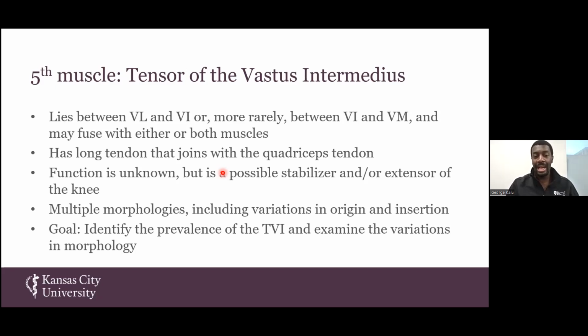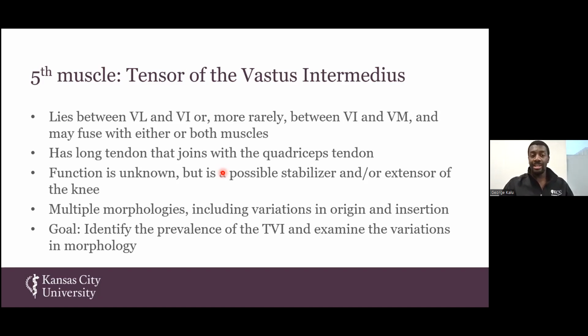There are a lot of different shapes and morphologies that the TVI can take, including variations within the origin itself and its insertion, and the way it originates and inserts within the lower limb. So that leads me to the goal of my project, which was to identify the prevalence of the TVI muscle, as well as examine the different variations in its morphology.